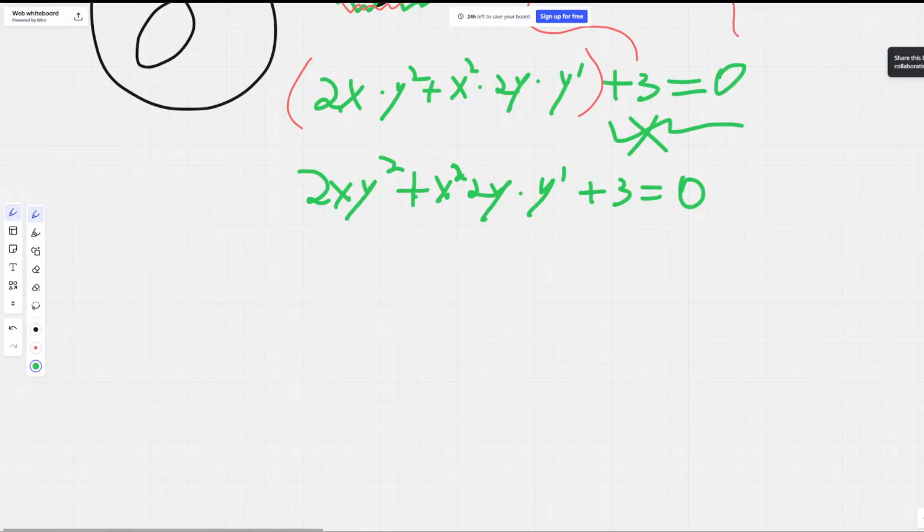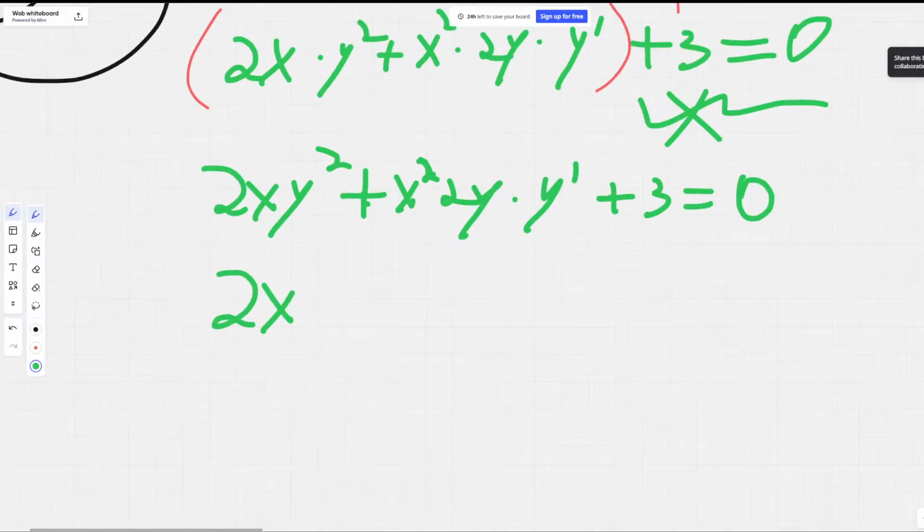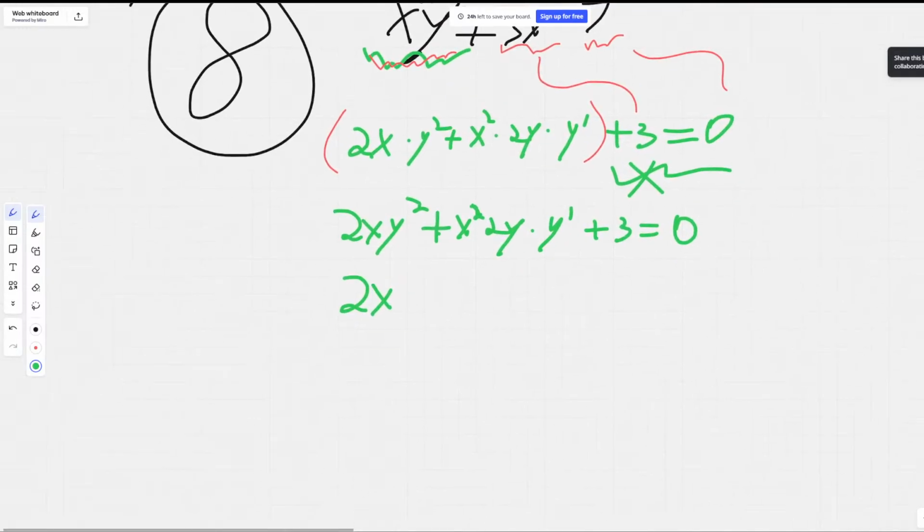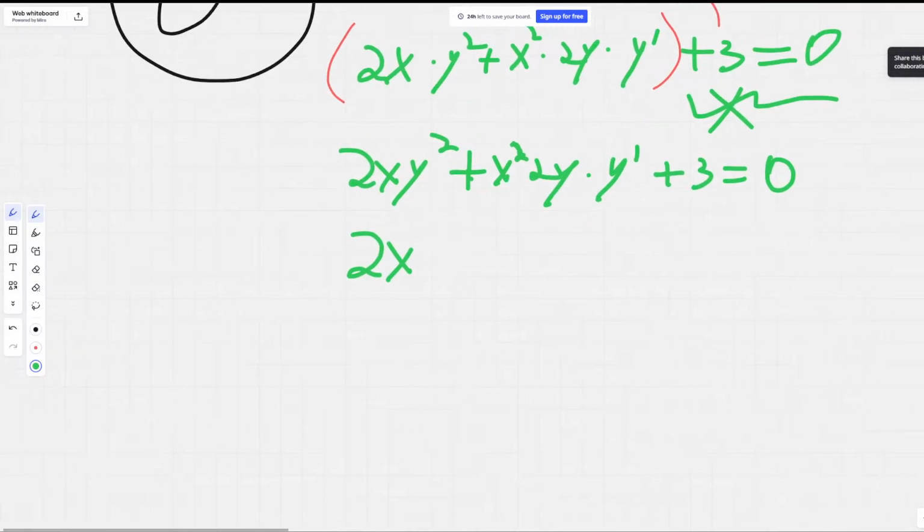And now we'll start moving the pieces. Yeah, I got distracted. Okay, 2x. Only one y that we found the derivative of, so 2x y squared plus x squared 2y times y prime equals -3.